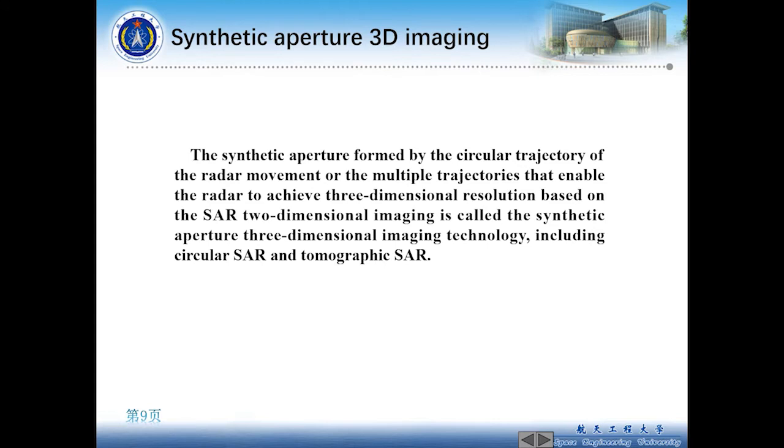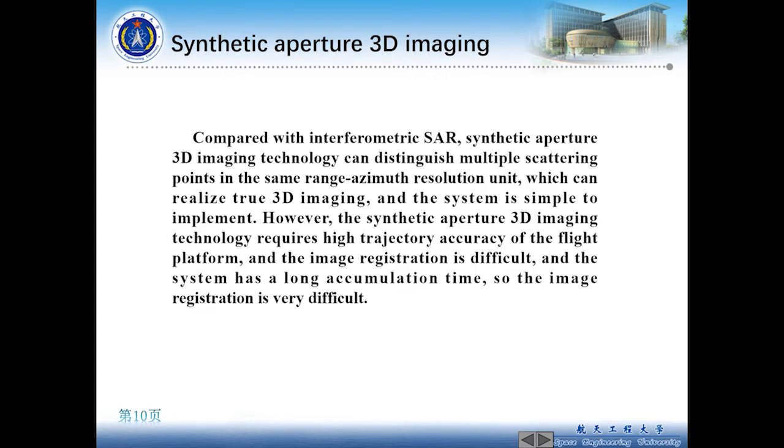The synthetic aperture formed by the circular trajectory of the radar movement or the multiple trajectories that enable the radar to achieve three-dimensional resolution based on the two-dimensional imaging is called synthetic aperture three-dimensional imaging technology, including circular SAR and tomographic SAR.